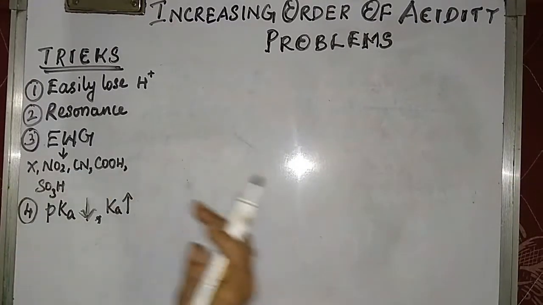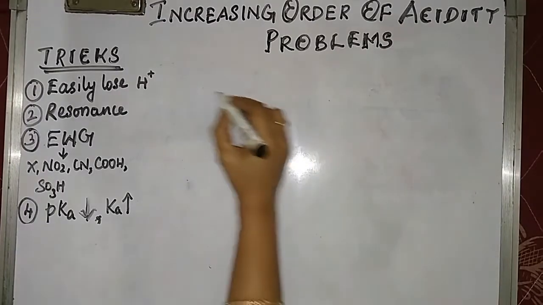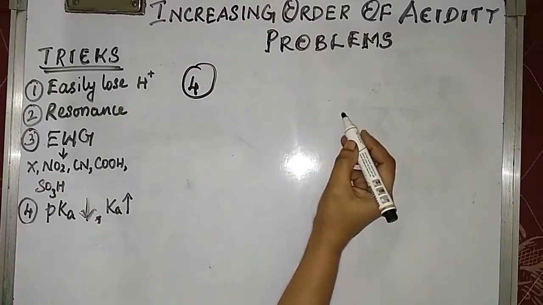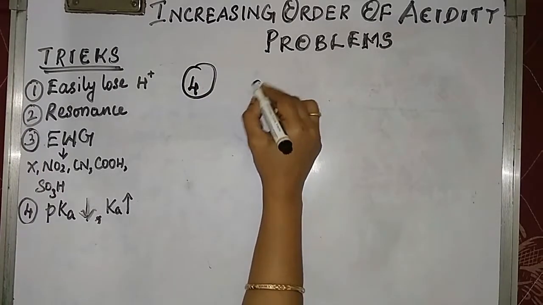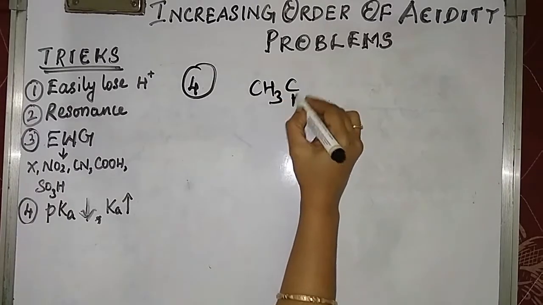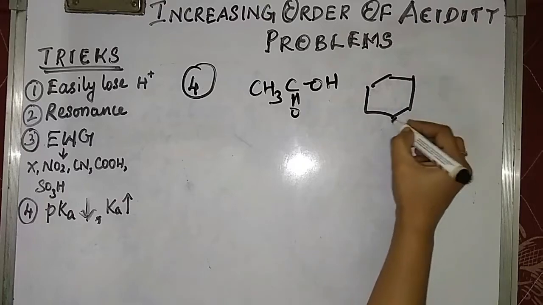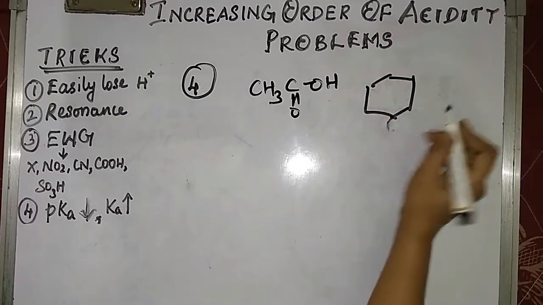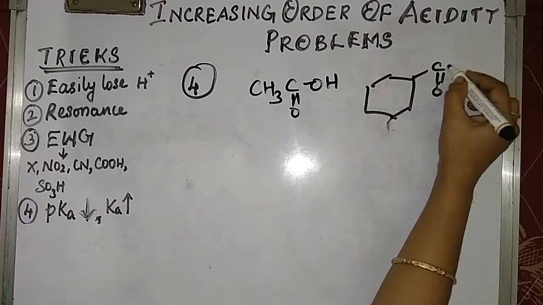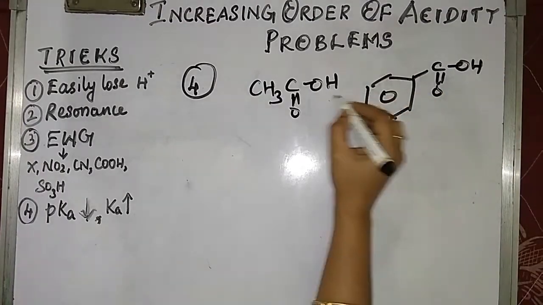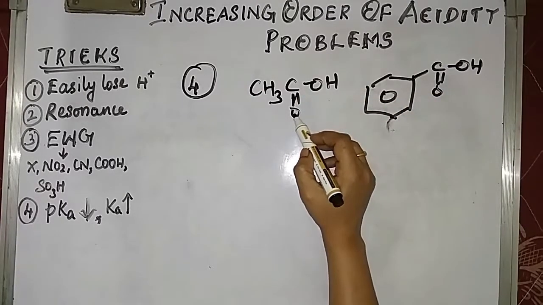And the next question, the fourth question, is benzoic acid and acetic acid. It's very easy. Now I'm moving a little bit to the benzene ring, and with the benzene ring I'm going to explain acidic character. Here the resonance structure is there.